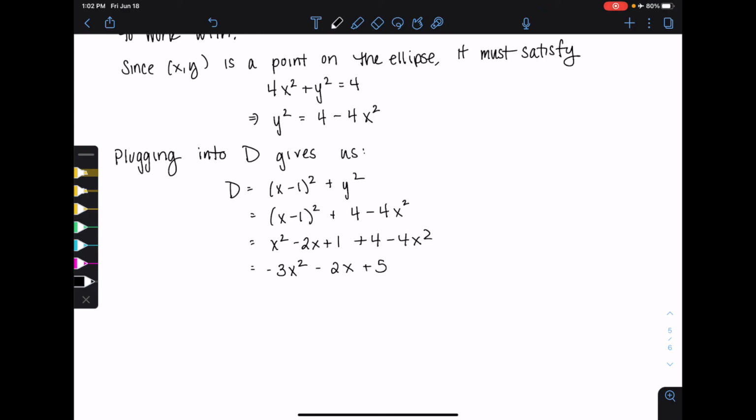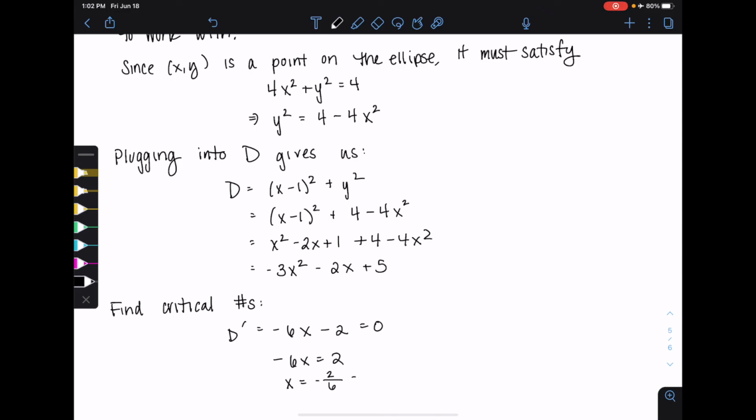We want to go ahead and find those critical numbers. And so this gives us D prime is negative 6x minus 2. We want that to equal 0. So negative 6x is positive 2, or x is negative 2 divided by 6, which is negative 1/3.